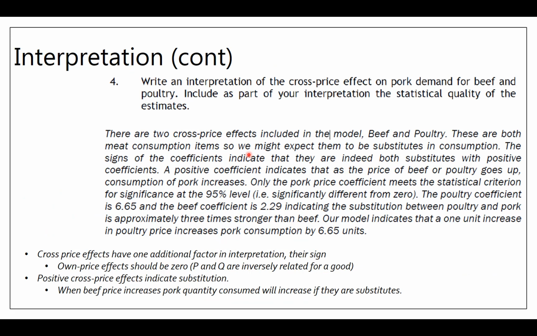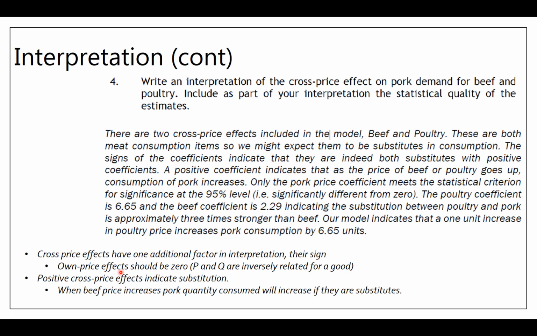Okay, so this particular handout, this practice question, had the own price effect separated from the cross price effects. Everything here is the same, except we have one additional factor to consider, and it's the sign of the cross price effect. That's an error, I'm sorry.